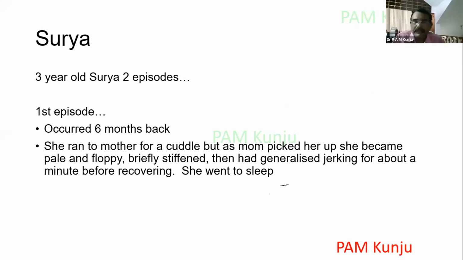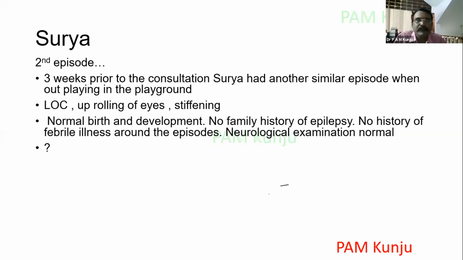Then she had the current episode, which was 3 weeks prior to the consultation. Surya had another similar episode when she went out playing in the playground. Loss of consciousness, uprolling of eyes, stiffening, and a normal birth and development history, no family history of epilepsy, no history of febrile illness around the episode, neurology examination normal.